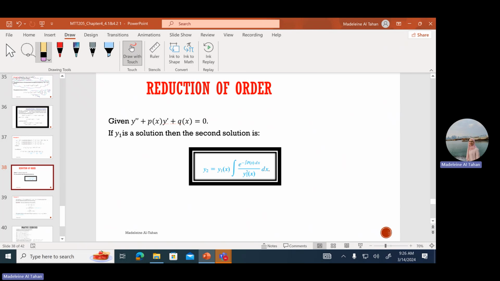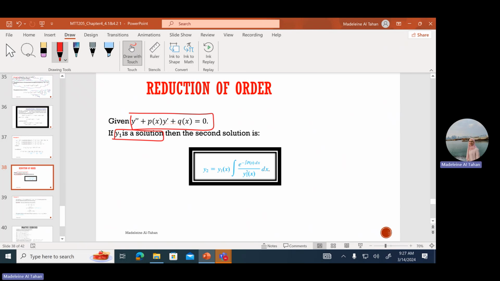So to apply reduction of order, make sure that you write the equation in standard form. It means that before y double prime, what should we have? 1. Then you have a solution. y1 is a solution. You will write the second solution as y2 equals y1 times the integral of e power negative p of x, divided by y1 squared, dx.